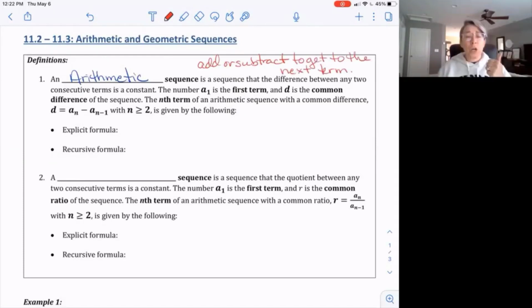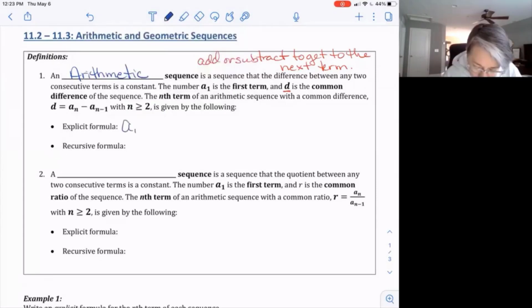So if we start with the first term, a sub 1, we call d the common difference of the sequence. For the nth term of an arithmetic sequence with a common difference d, you could take any term and subtract the term before it. So an explicit formula for any nth term is the first term plus the difference times n minus 1.